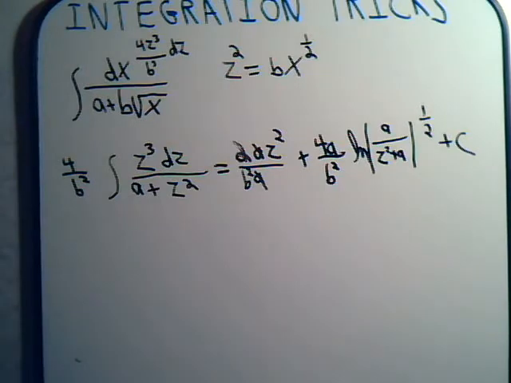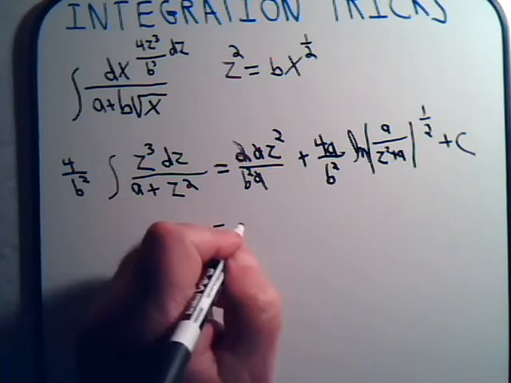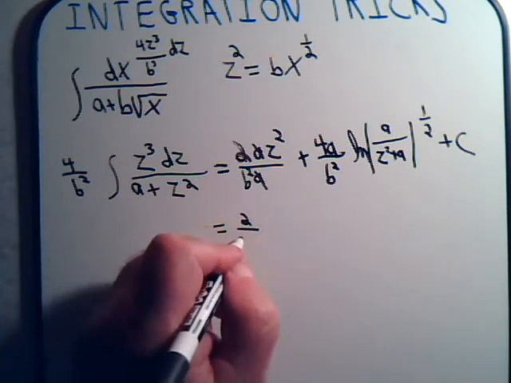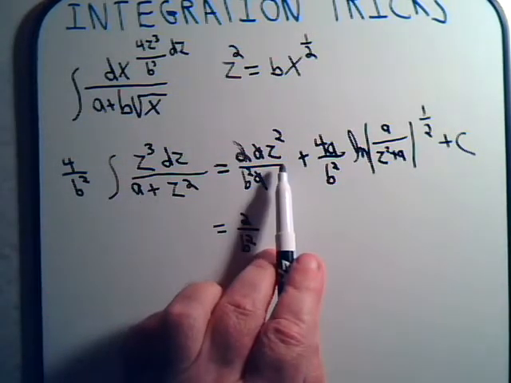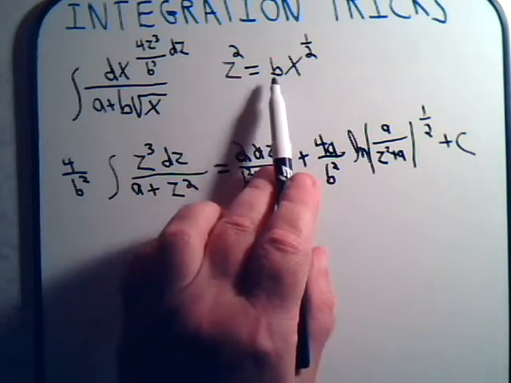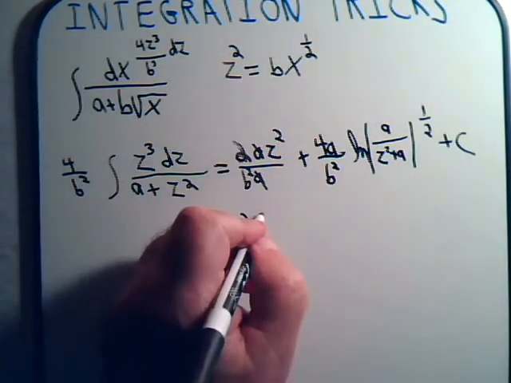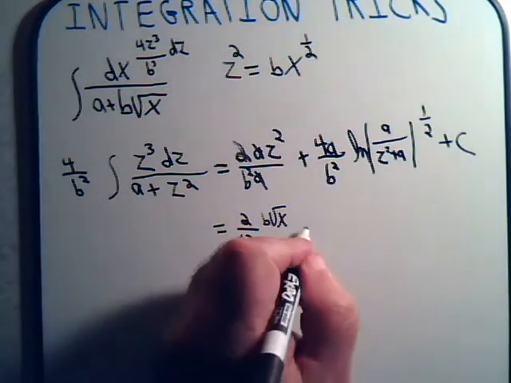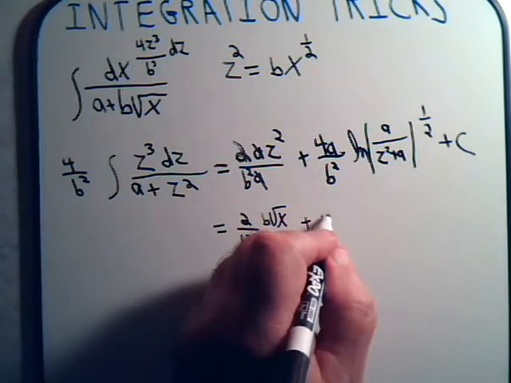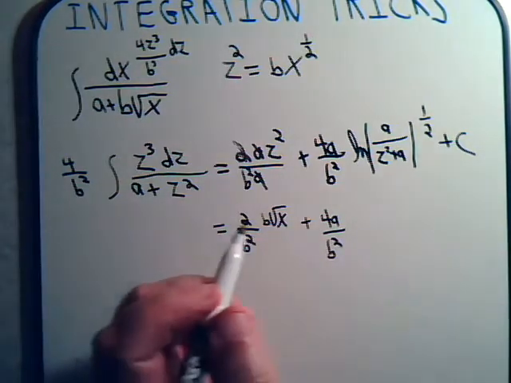So we have 2 over b squared times z squared, and that's b times the square root of x. So we have b times the square root of x plus 4a over b squared.